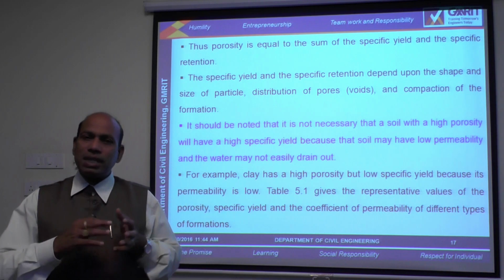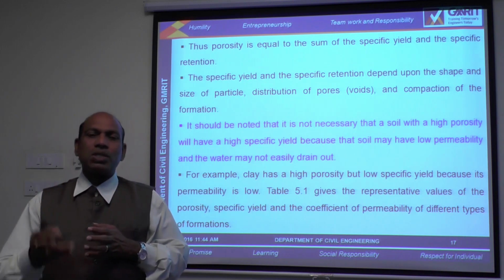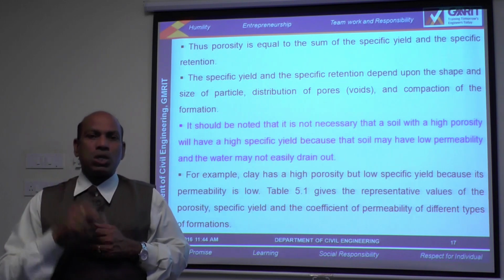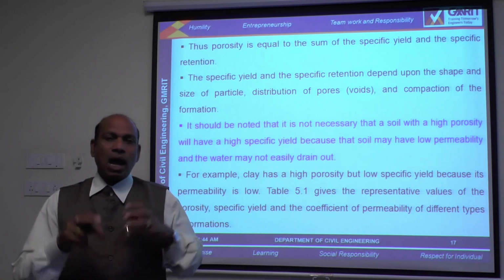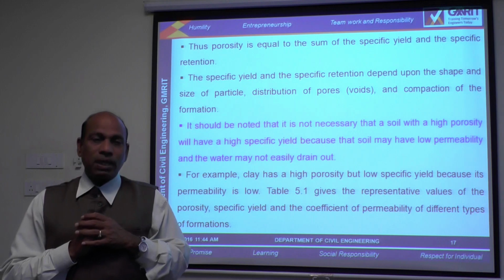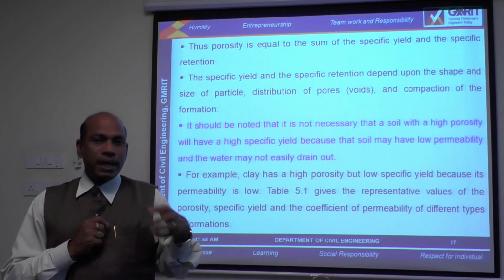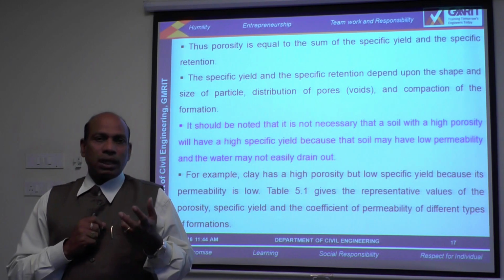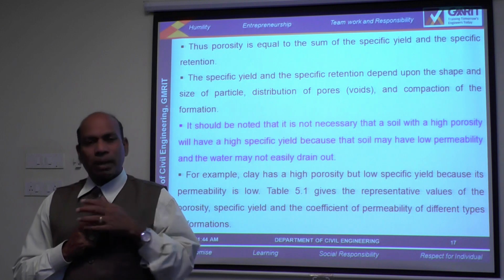In some cases the porosity is high, but the water released from the soil mass is low because of low permeability. For example, clay has a high porosity value but is less permeable. Because of that property, clay's specific yield is very low, around 3 to 4%.